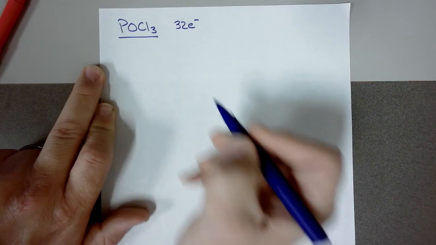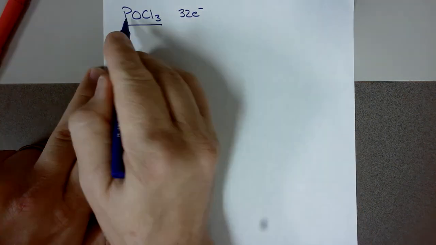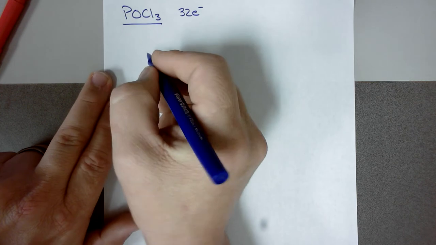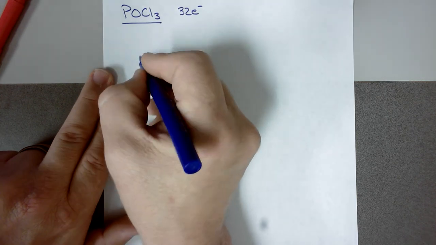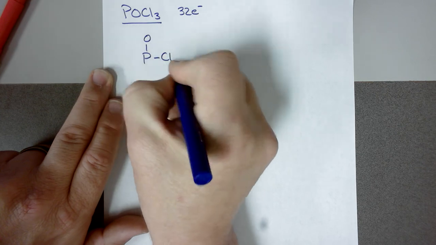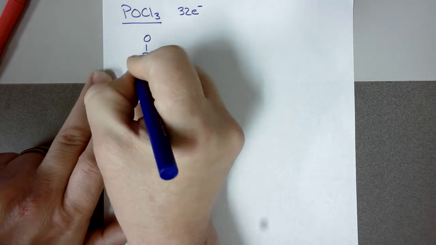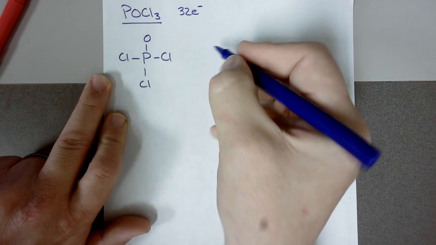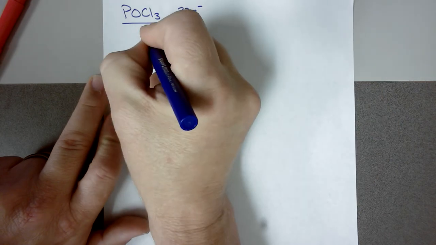Okay, and phosphorus is the least electronegative, so I can have this structure where I have P, O, Cl, Cl, Cl, and then 1, 2, 3, 4, 5, 6.